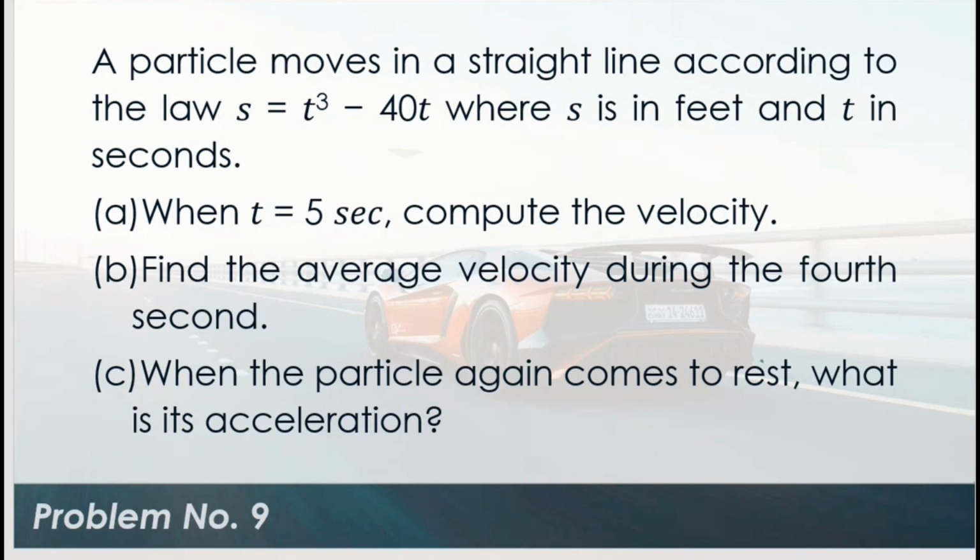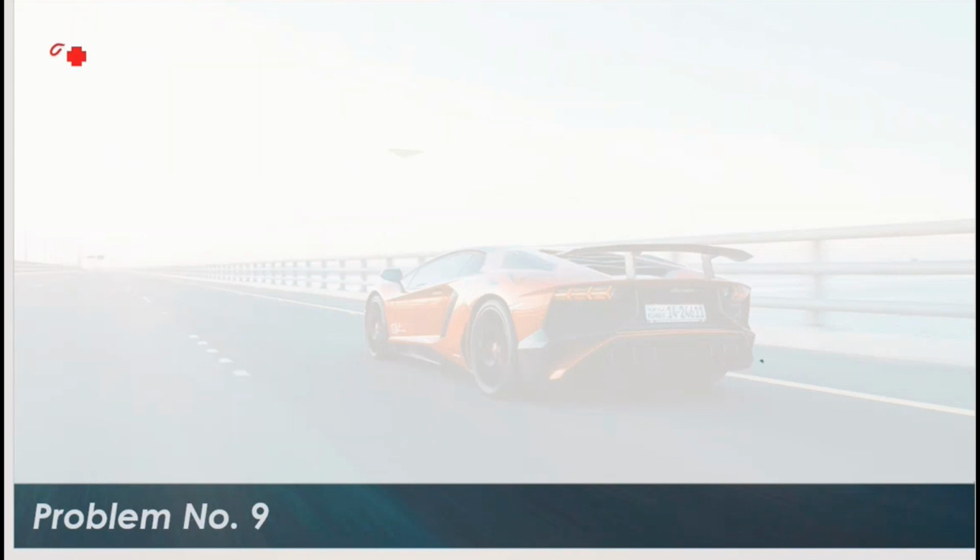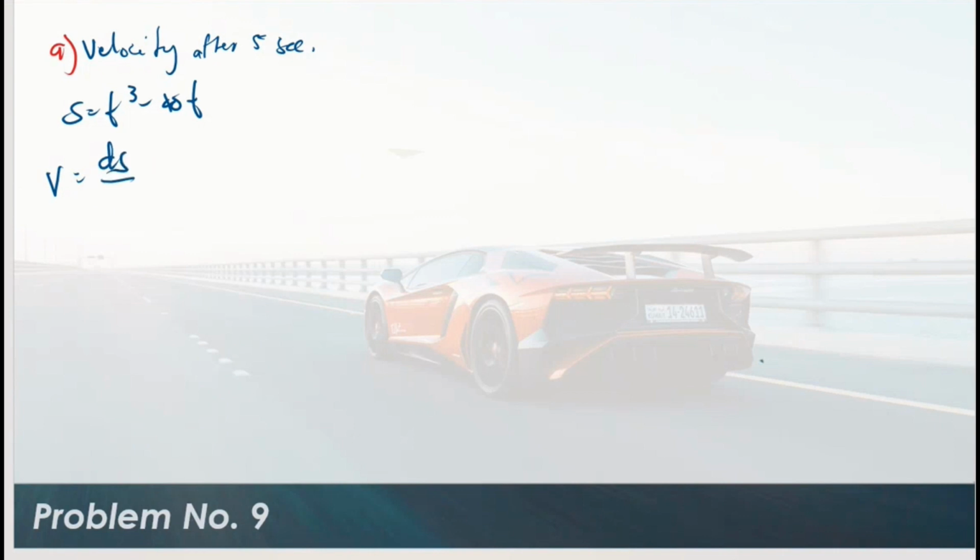So let's have letter A first, wherein we are asked to solve the velocity after 5 seconds. We have this formula, s equals t cubed minus 40t, given to us. Velocity is what? You know that v is equal to ds over dt.